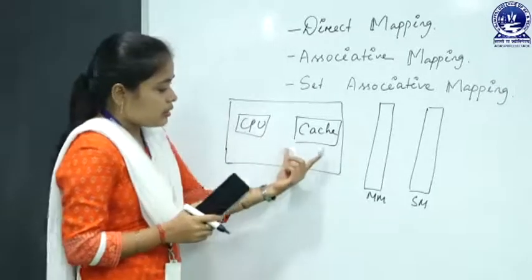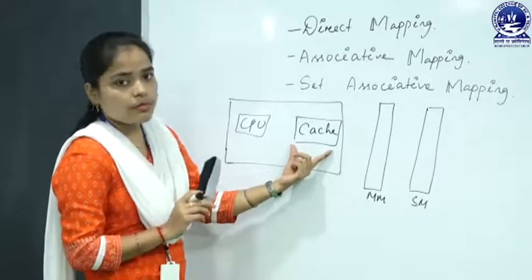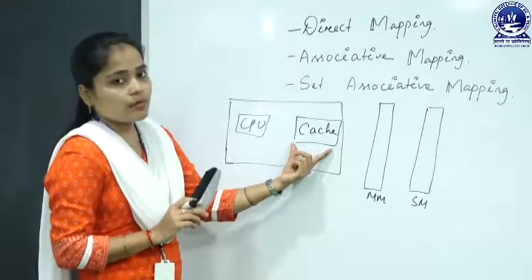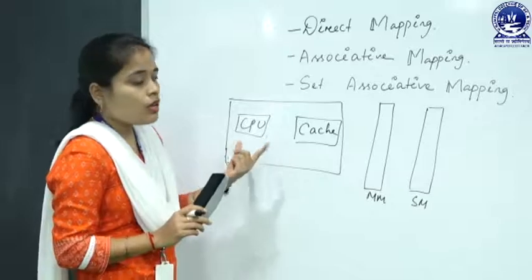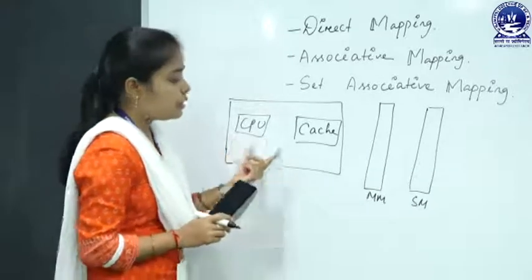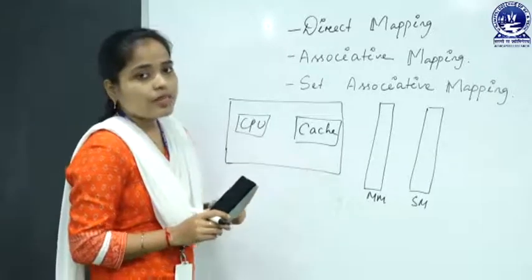So, there is some part of the RAM called the cache memory, and that cache memory is built in the same chip as the CPU. So, for every operation it does not need to go to the main memory; it can collect the data from the cache memory.